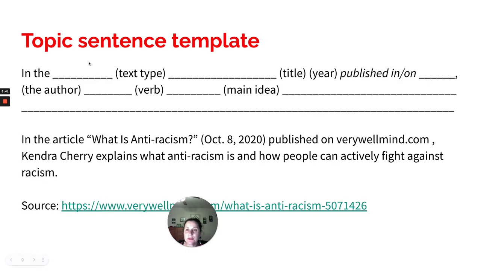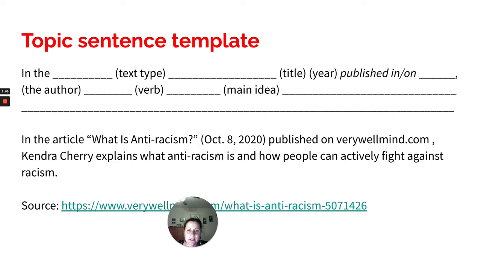You can also use this template to fill in for whatever you're writing. This can help you write your topic sentence. And then here's another example. You could say, for example, in the article, and because it's an article, I'm going to use quotation marks, "What Is Anti-Racism?"